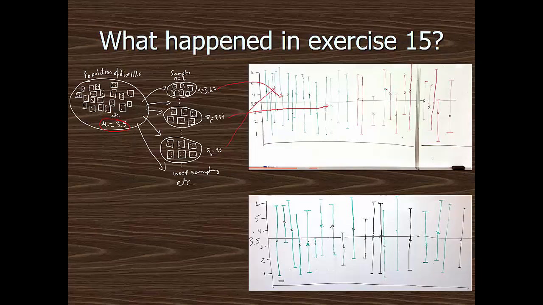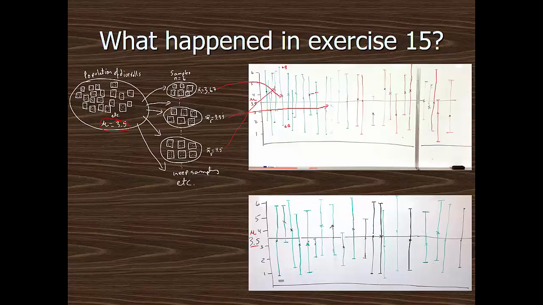And so we plotted these on the board and got an upper bound and lower bound generated by SPSS. And if you'll notice, all of these have the upper bound and lower bound on either side of the true population mean, which is 3.5, right? So that's mu.